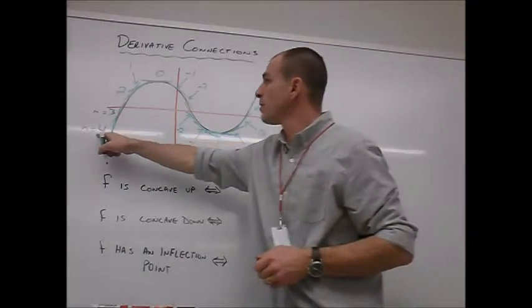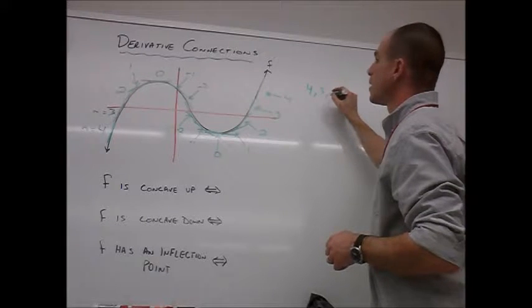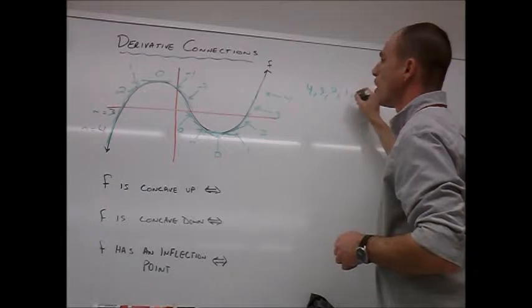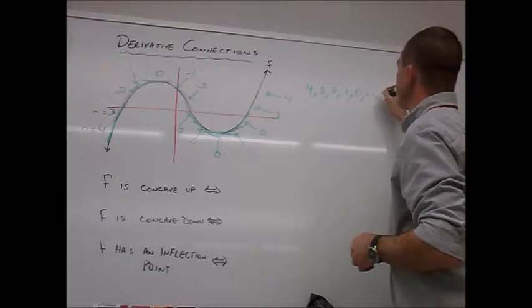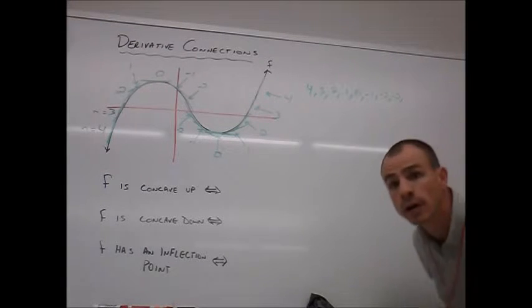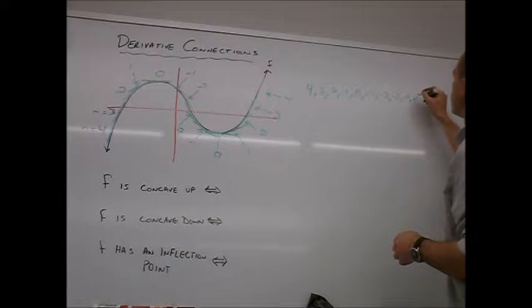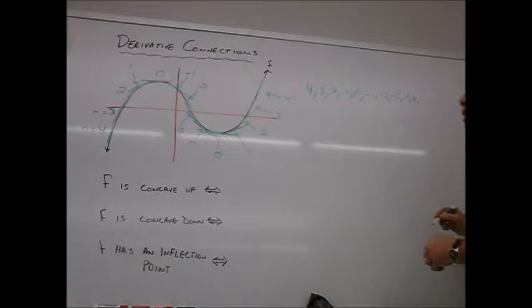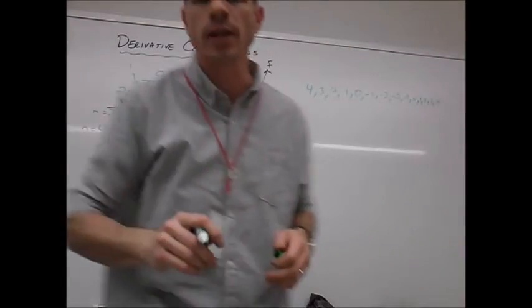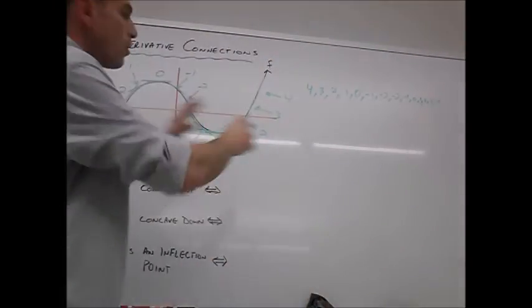So if I start with the left side and look at the slopes, I have 4, and then 3, and then 2, and then 1, 0, -1, -2, -2 again, and then -1, 0, and 1, 2, 3, 4. I'm going to cram them in. Those are all of the slopes that I just pulled off of the graph.